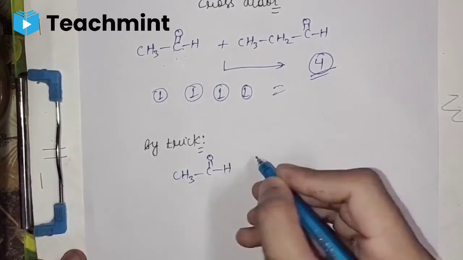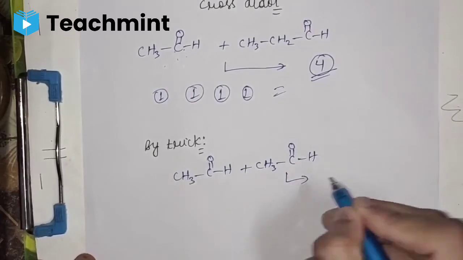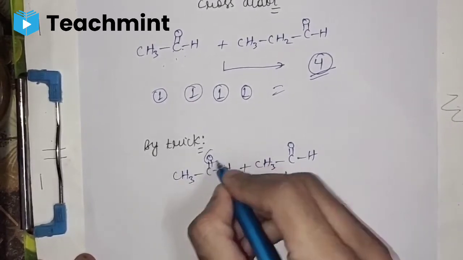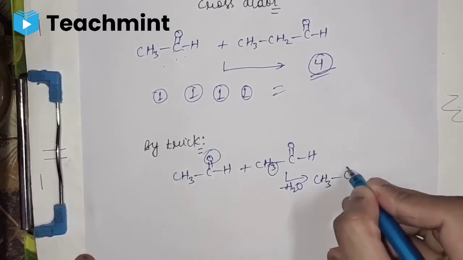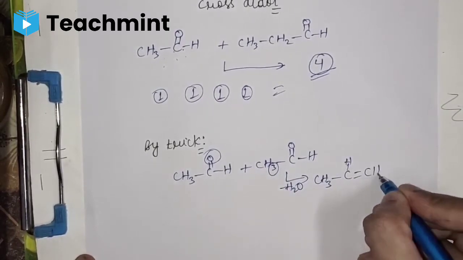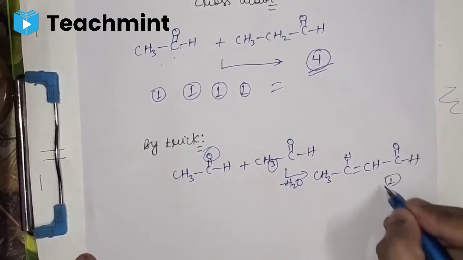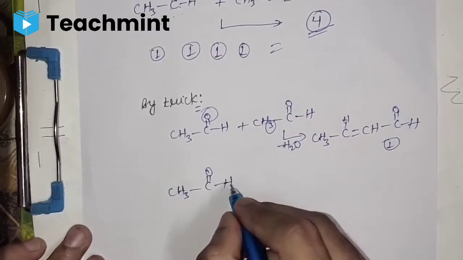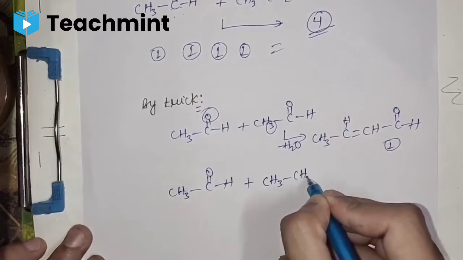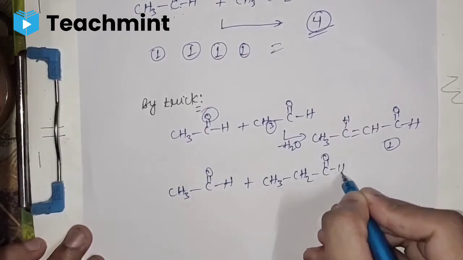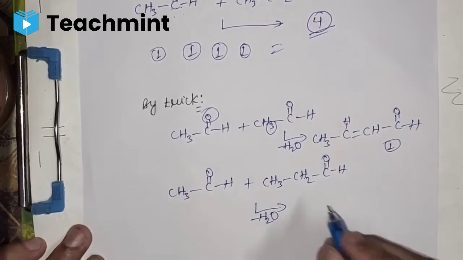First of all, 1 mole of acetaldehyde is reacting with another mole of acetaldehyde. Then we get the product by removing H2O, that is this oxygen and here the alpha hydrogen, CH3, CH, here a double bond with this carbon and then C double bond OH. So this is 1 product. And the second one, when 1 mole of acetaldehyde is reacting with a mole of propanaldehyde, here also we need to remove H2O.